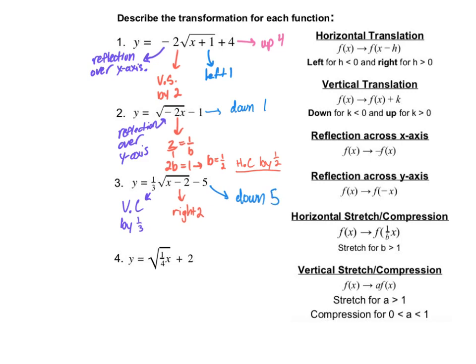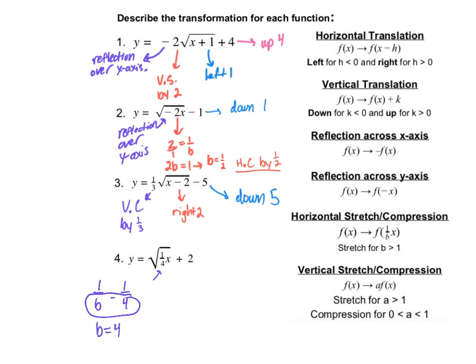And last one for the day. Here we see a 1/4 occurring inside. So if we go back to our horizontal stretch and compression, we see 1 over b to equal 1/4. Or in other words, b equals 4.